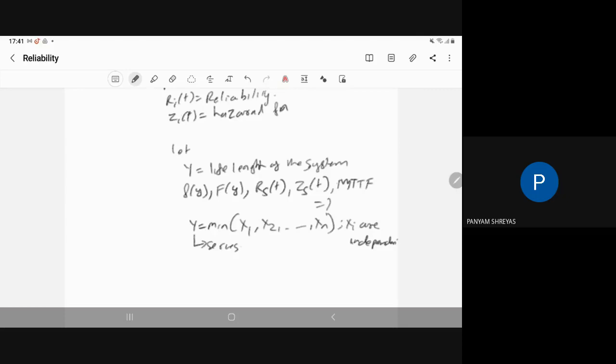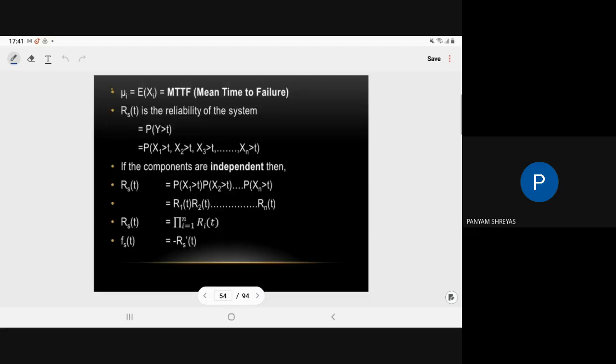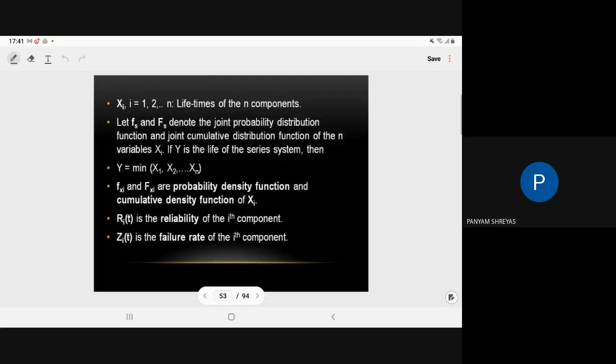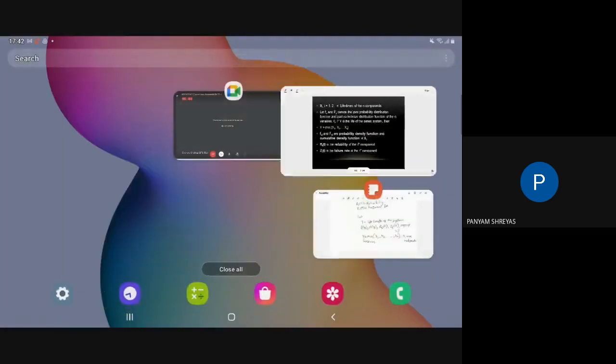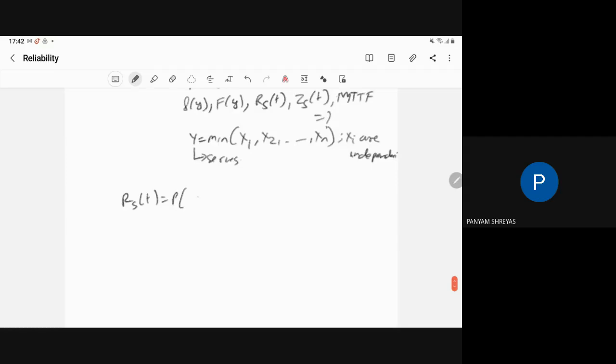Now we have to compute the PDF, CDF, reliability, failure time distribution, and so on. First we are talking about the reliability. Here we have defined for the component all the Xi, fXi, Ri, Zi. Now the reliability of the system, Rs(t), by definition is equal to the probability that the time to failure Y is greater than t.